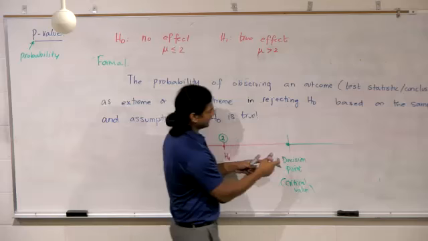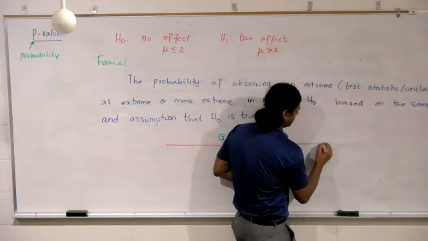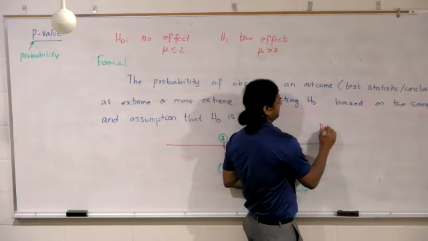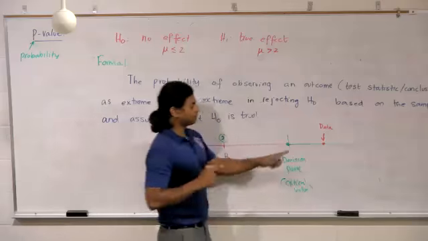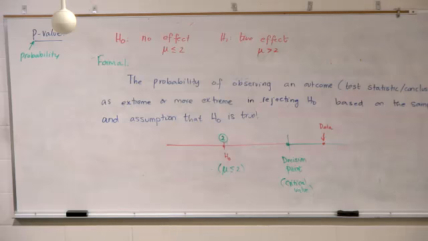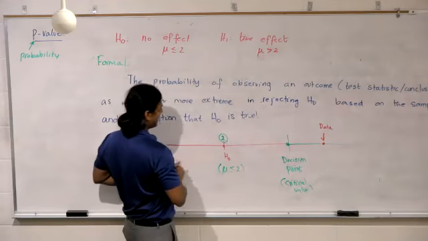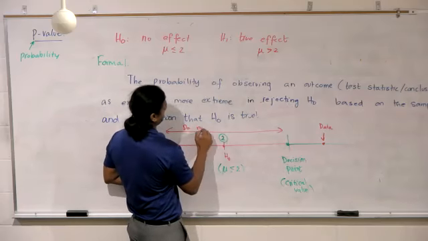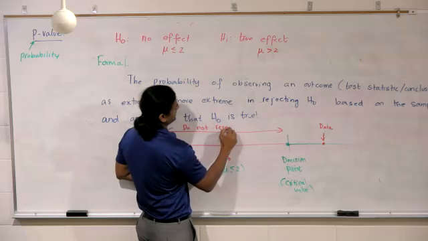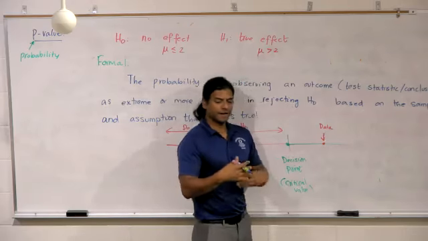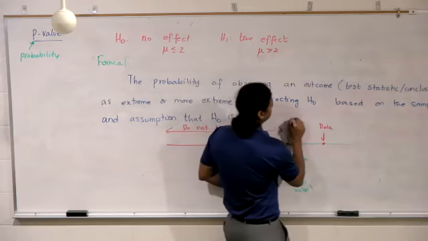You get the data and the data puts you right here. So based on the data, should you reject the null? Yes, because if it fell over here, I'm not going to reject the null. Anything past my decision point, I am going to reject the null.